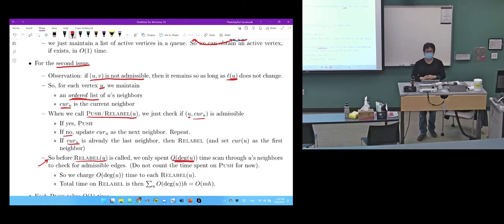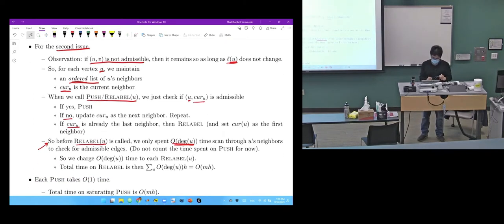So let's charge all of this cost to relabel. You can think of the cost for relabel as degree of u instead of just one, because you charge this cost to the relabel.